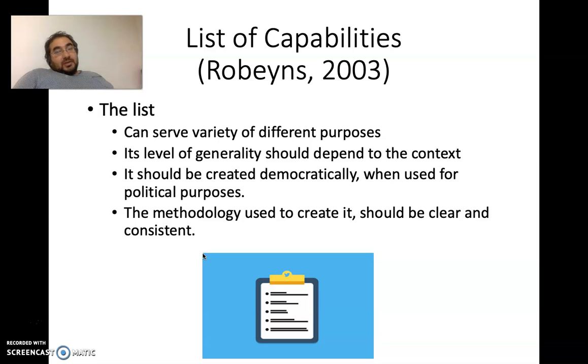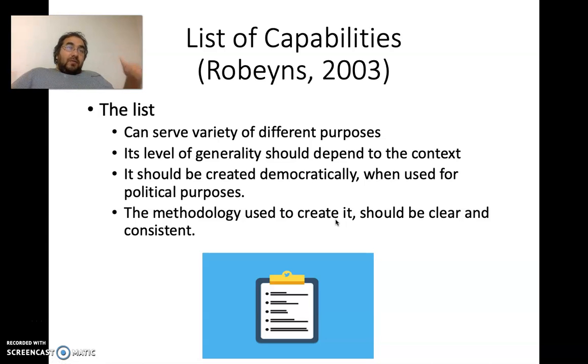Robbins thinks the list should not be universal. And for example, if it is used for political purposes, he also thinks that the list should be created democratically. Maybe people should be asked to create the list. But whenever it is created, it should be created with a methodology that is clear and consistent.